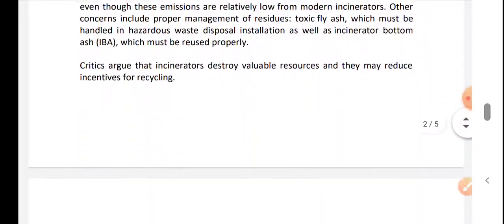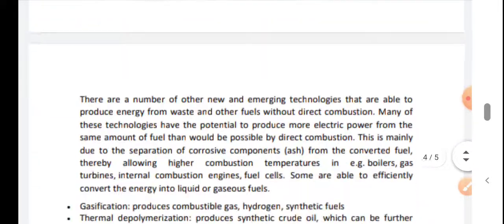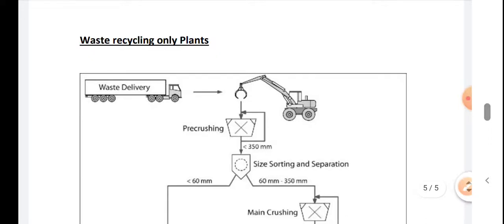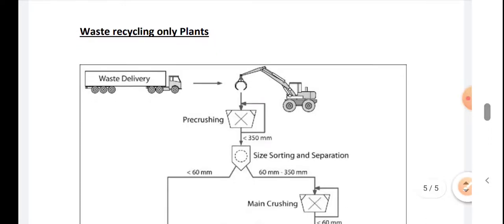Also, one more thing I can discuss here with you is waste recycle only plants. Here electrical energy is not generated, but the waste is segregated in the form of metallic waste, plastic waste, and other kinds of waste.